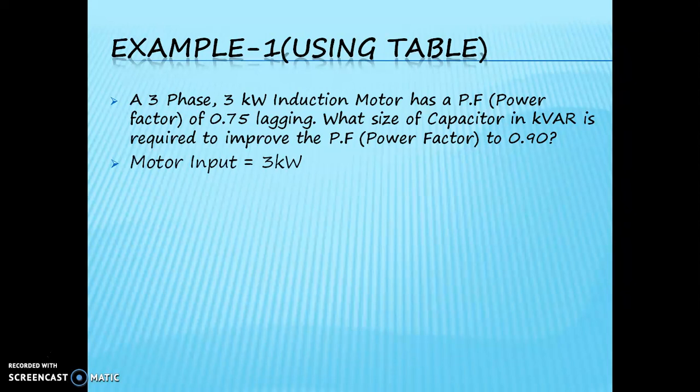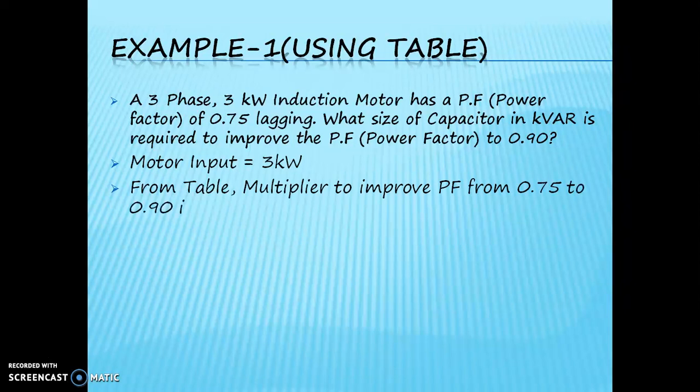Motor input is equal to 3 kilowatt. From the table, the multiplier to improve the power factor from 0.75 to 0.9 is 0.398. There is a standard table of factor K available. From this table we can pick the value, and using the formula we can find the exact kVAR of the required capacitor. I will show the table in the next slide.